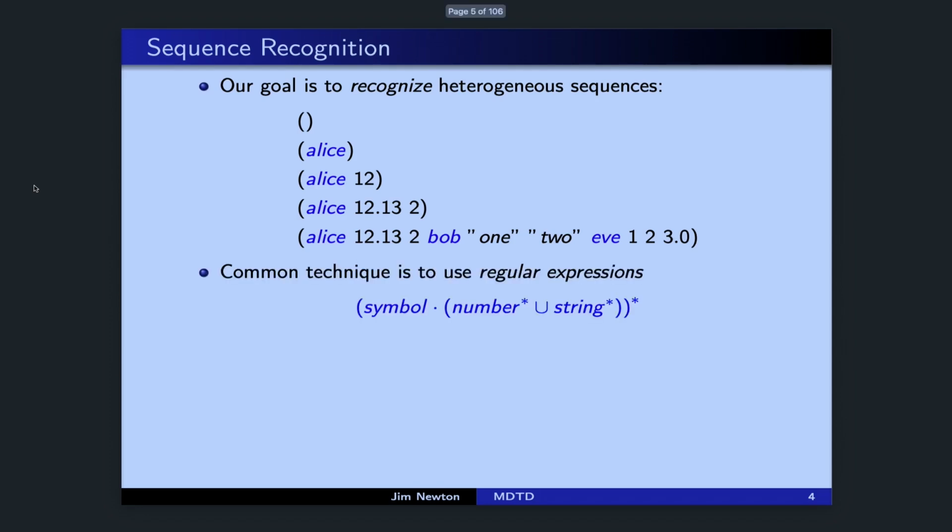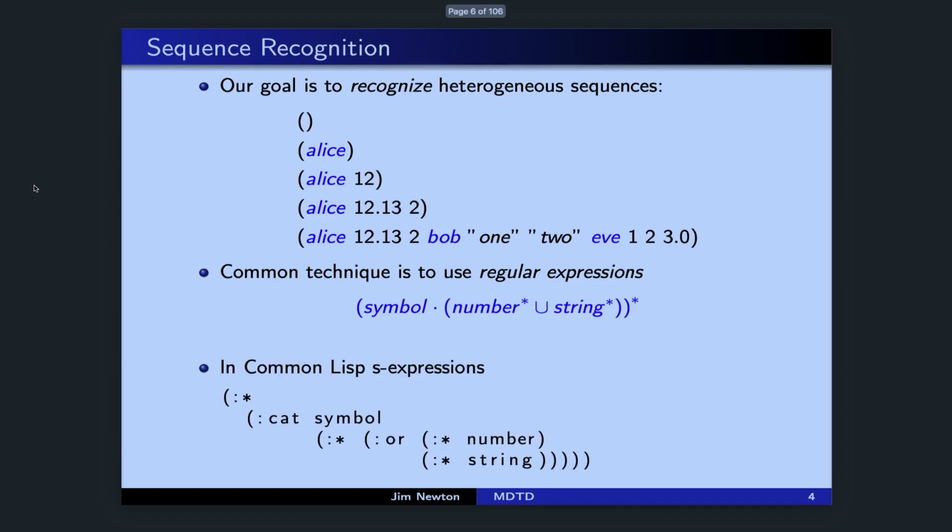Well, you can describe these as regular expressions. So a symbol concatenated onto 0 or more numbers or 0 or more strings, and that whole sequence may be occurring 0 or more times. If you express this in Common Lisp S-expressions, it looks like this: a star of a cat of symbol and a star of, et cetera, et cetera.